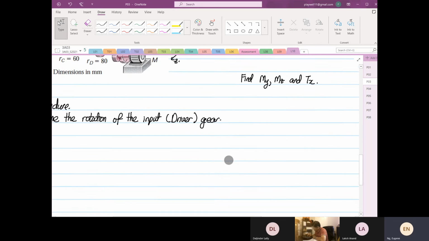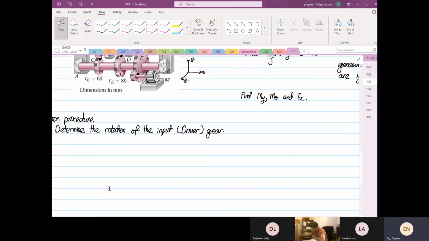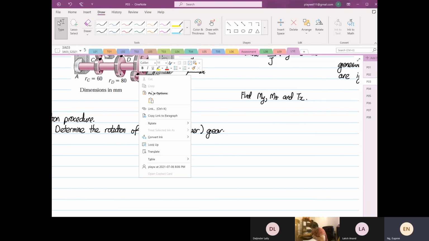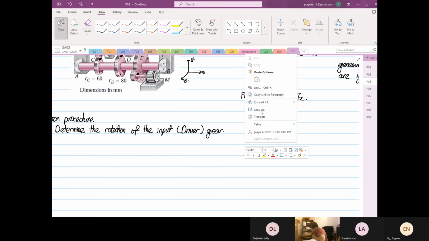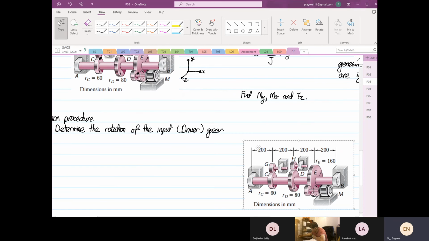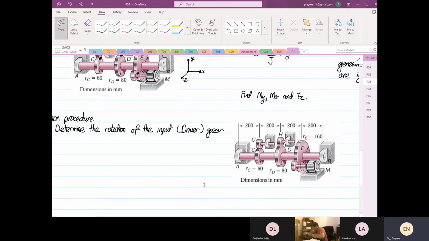For our diagram over here, I'm going to copy. For our problem, they did not tell. Oh, they did tell you.